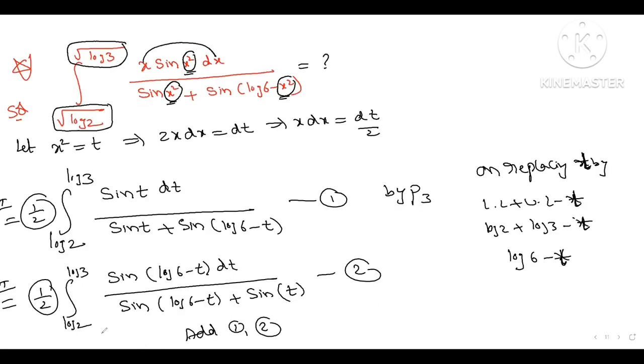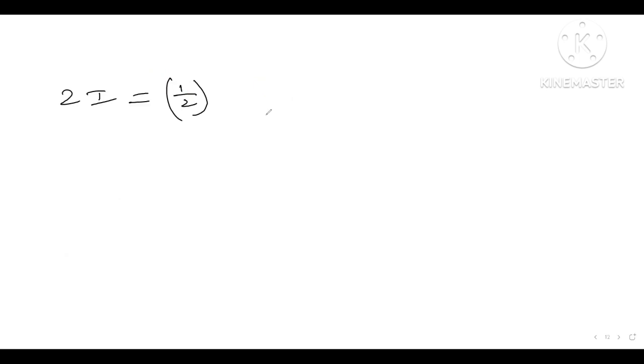1 by 2 times of. What is there here? So here let us observe equation 1, equation 2. Denominator values also same, like fractions. Integral log 2 to log 3. So what is here denominator?